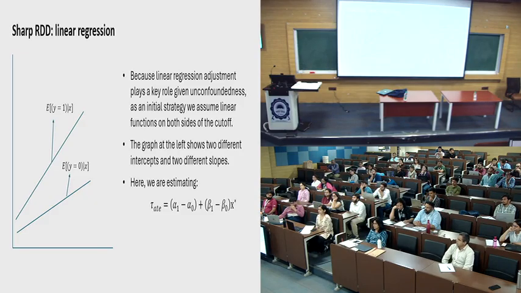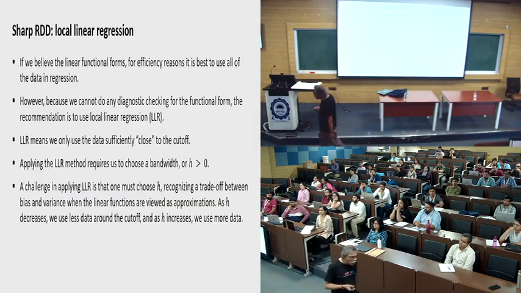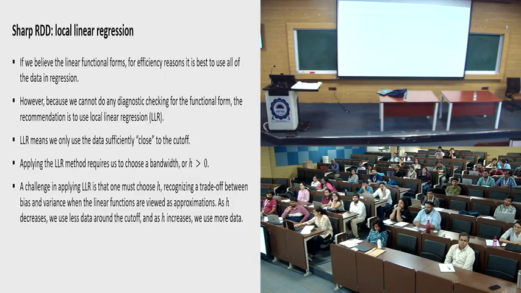The left shows two different intercepts with two different slopes, and therefore we are estimating nothing but the difference in the intercept, and the difference in the slope coefficient times my controls, which is x star.